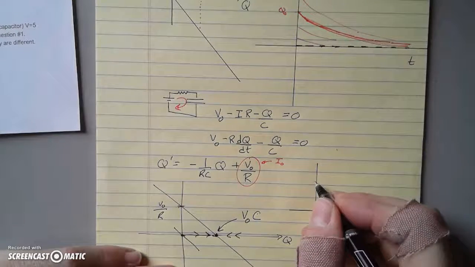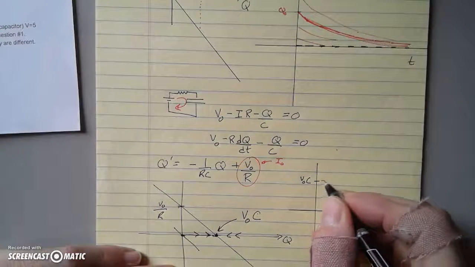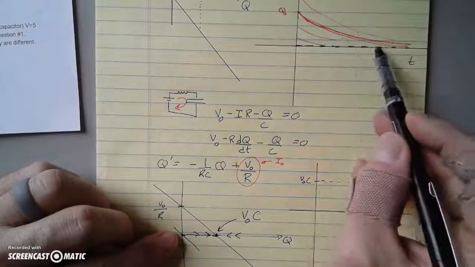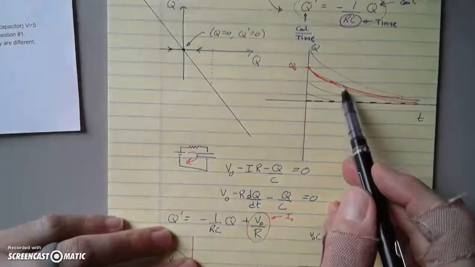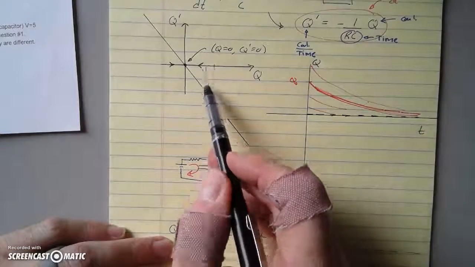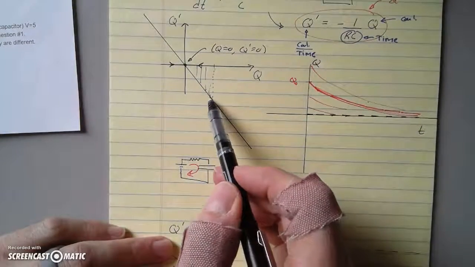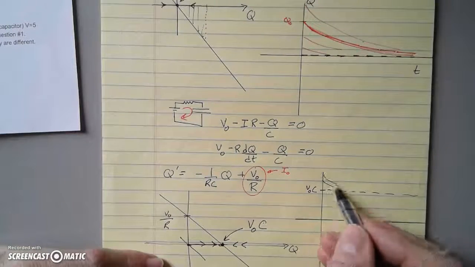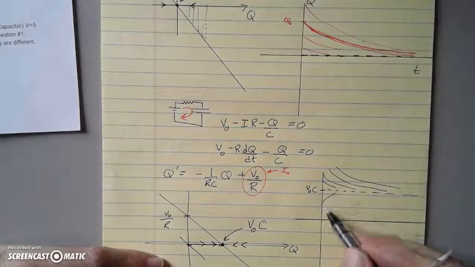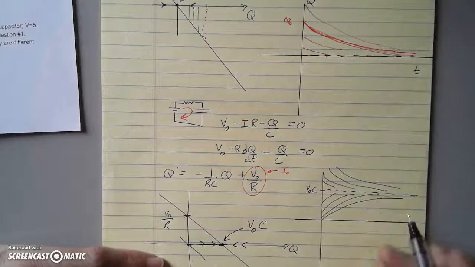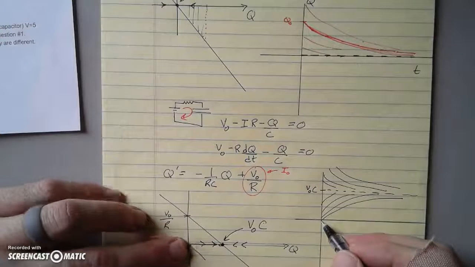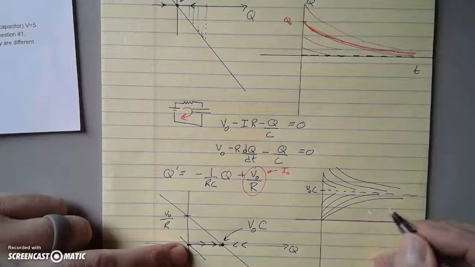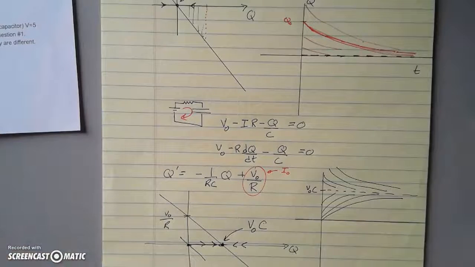If this is V naught C, and your solutions were curved like this before, because of the derivative being negative but decreasing, then you're going to have those same curves here as before. You have 0, you'll have a large positive derivative that decreases. So these are all concave down, these are all concave up.